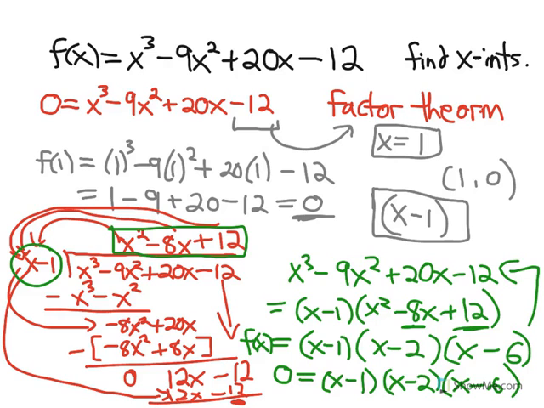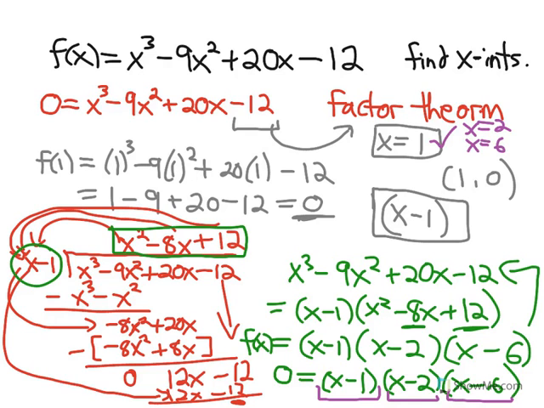And in order for that to be true, one of the brackets needs to be 0. So to have this first bracket equal 0, we know x equals 1. We've already got that as a solution. To make the second bracket 0, x equals 2. Or for the third bracket to be 0, x equals 6.